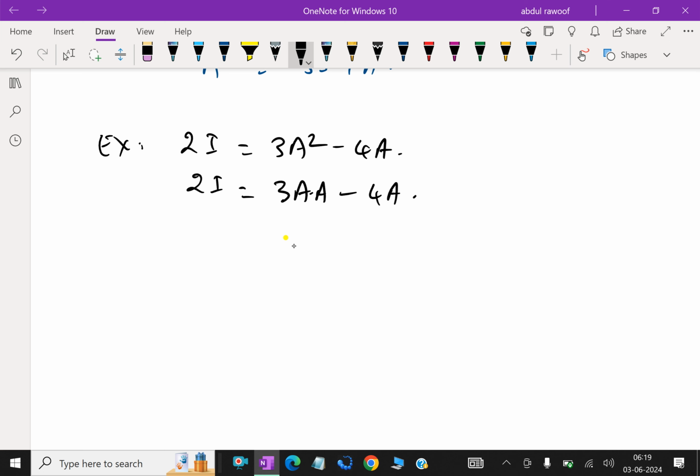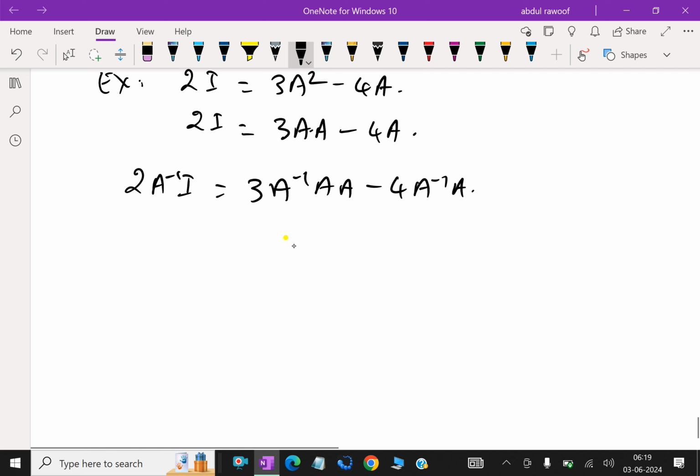Multiply throughout by A inverse, that is 2 A inverse I, 3 A inverse A A minus 4 A inverse A, which is equal to A inverse I is A inverse. Here A inverse A is I, that is 3IA minus 4 A inverse A is 4I.